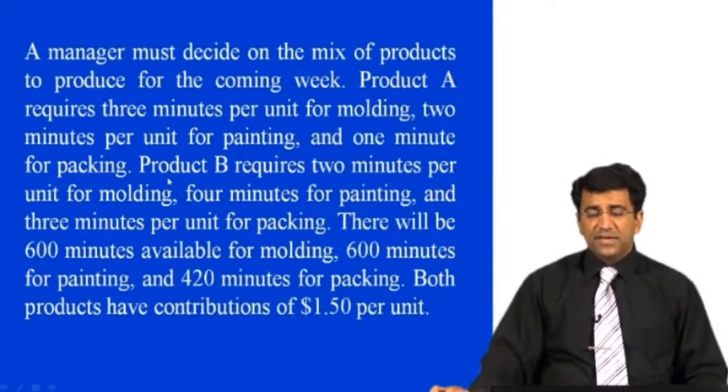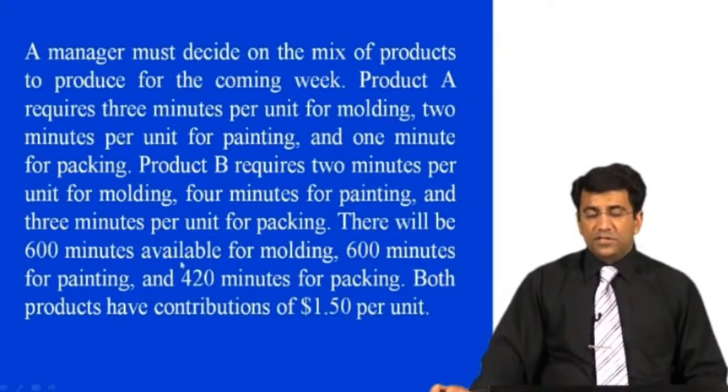As we read this situation, we find that there are 3 constraints in this example. One constraint is related to molding, the other constraint is related to painting, and the next constraint is related to packaging.